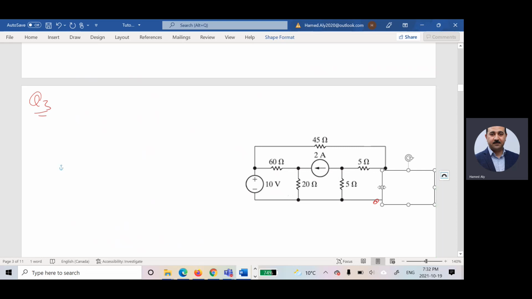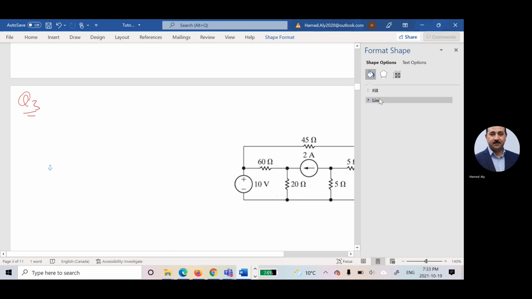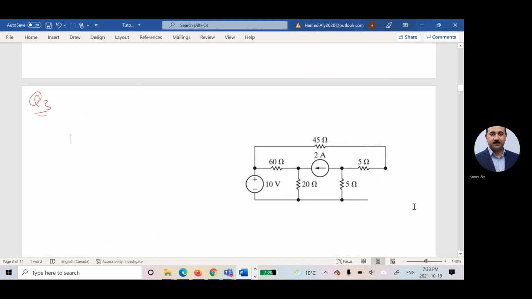So I inserted this guy and then I will hide it. Okay, then what is needed? I would like between these 2 points to calculate what? To calculate the open circuit.